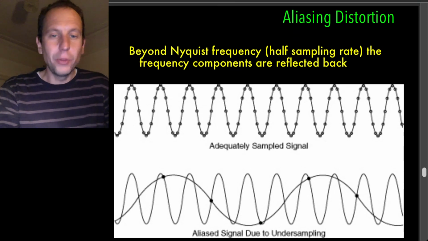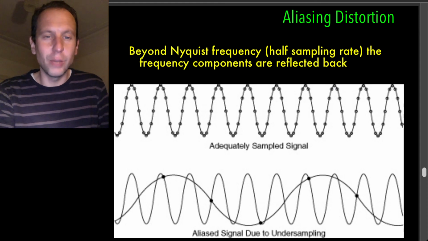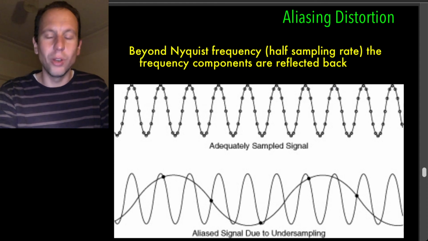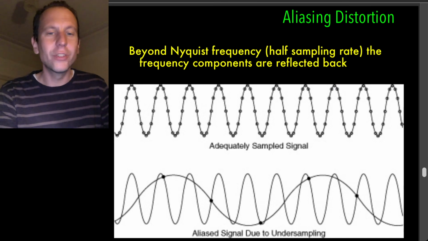Okay, a bit about the aliasing distortion, right? So that's the one that is reflected off the Nyquist frequency. If there are components that go beyond half the sampling frequency, they will be reflected back. Crucially problematic in certain circumstances. Here's a lovely sketch that shows you how this actually works.